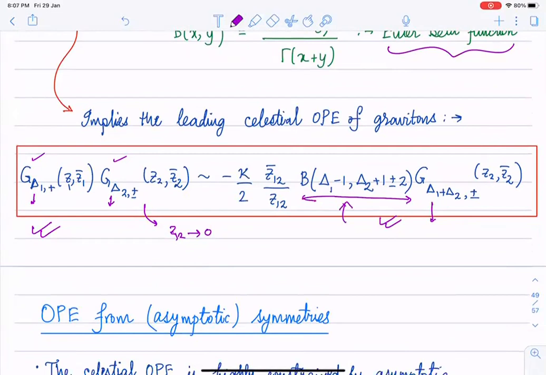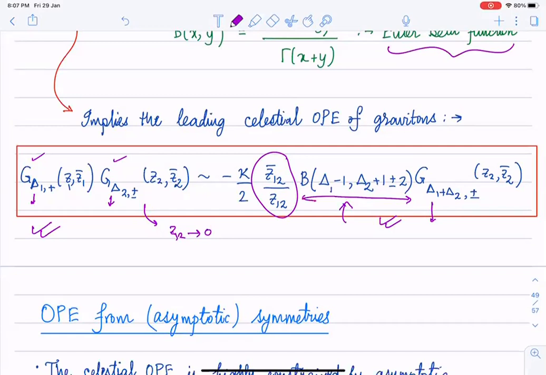But what they had to assume is the structure of the exponents of z and z bar. They had to assume that the exponent of z bar is equal to 1, and the exponent of z is given by -1.